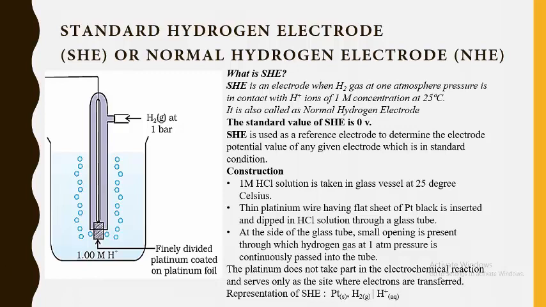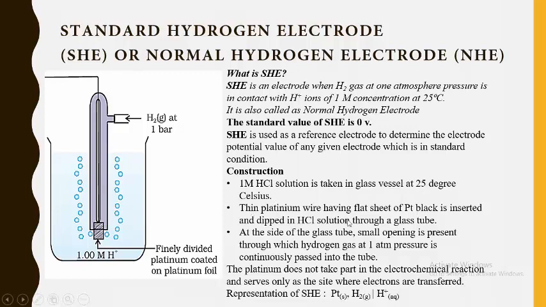The construction of SHE is not very simple, so it is hardly experimented. You have to first prepare 1 molar HCl solution, taken in a glass vessel, maintained at a temperature of 25 degrees Celsius.